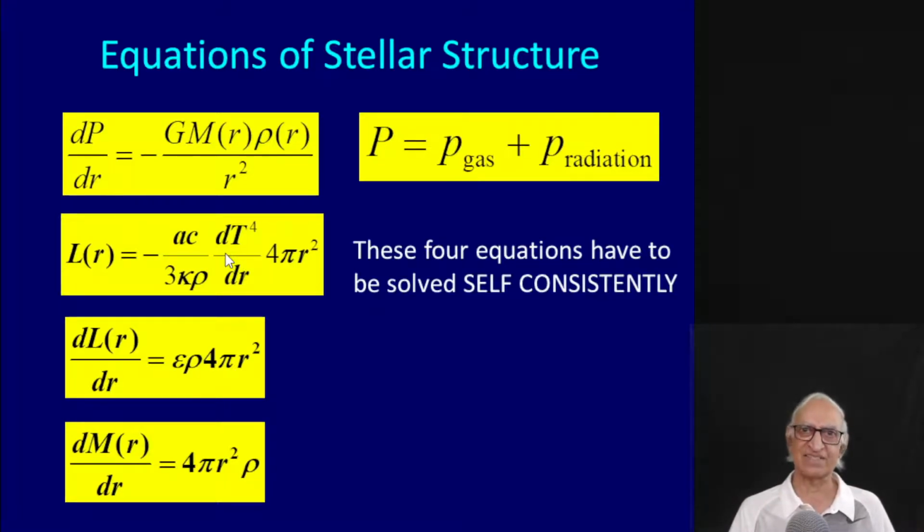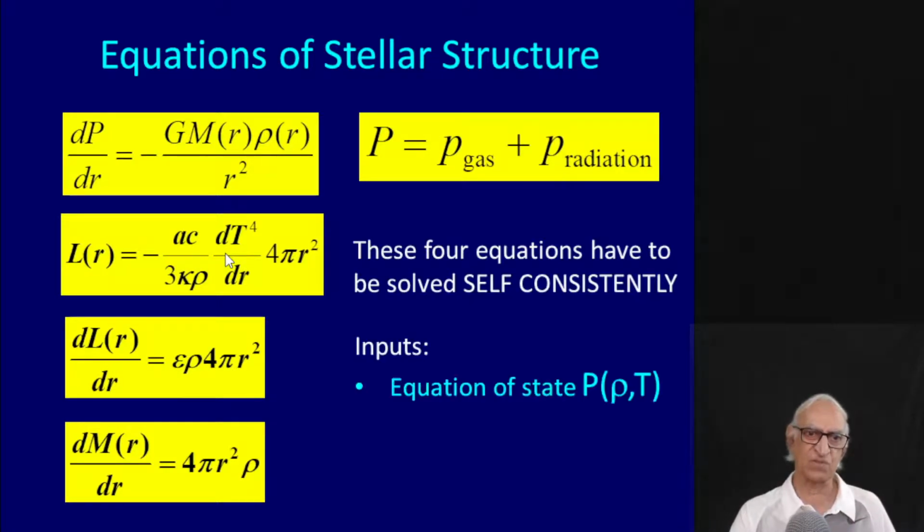And Eddington did that in his famous book written in 1923. Today, of course, with very fast computers, you can do a marvelous job. What are the inputs that are needed to construct a model of the star based on these 4 equations? The inputs are, first and foremost, the equation of state, namely an equation that gives you pressure as a function of density and temperature.